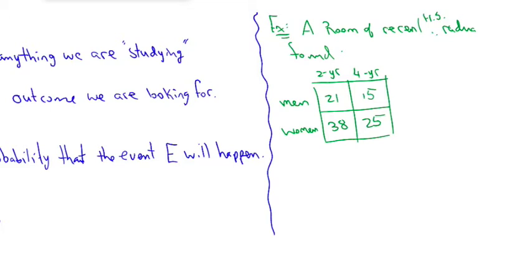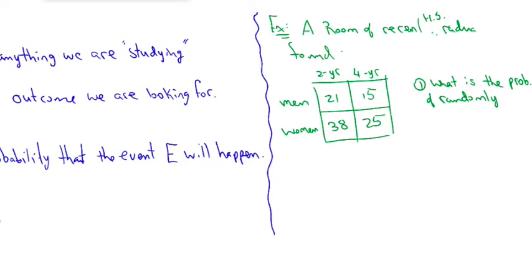Okay, so what I'm interested in is, what is the probability of randomly, eventually I drop the word randomly and you start getting used to the idea that when you do probability, you randomize everything.